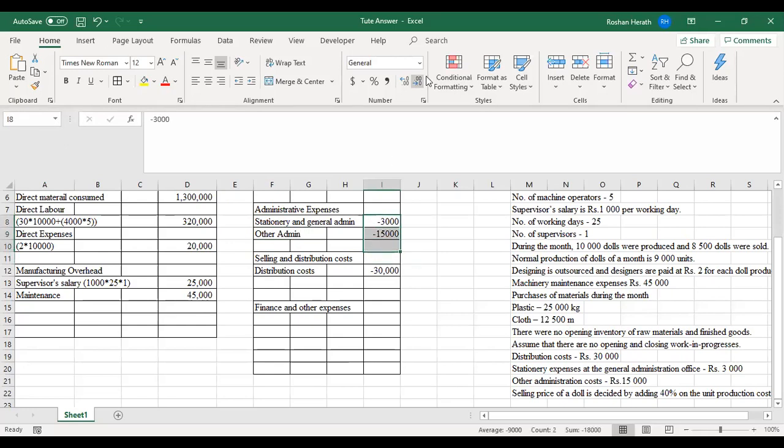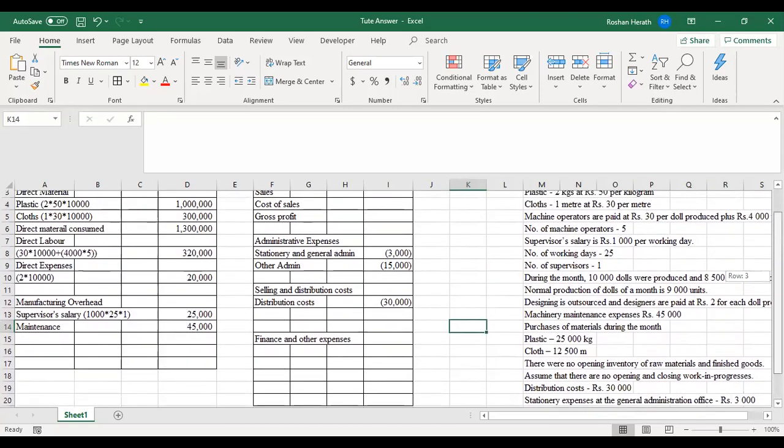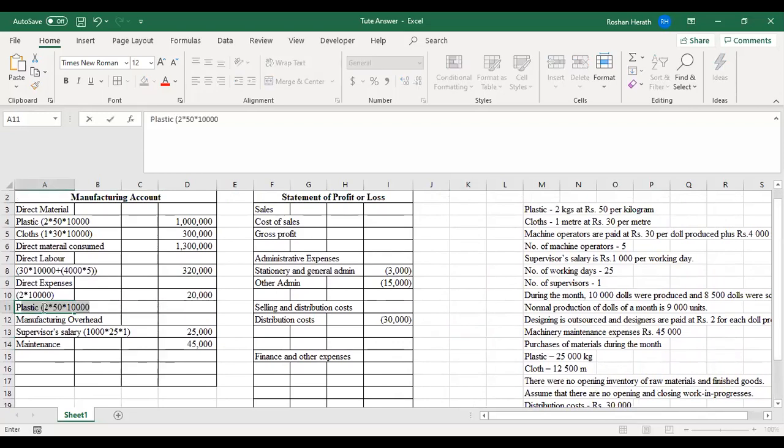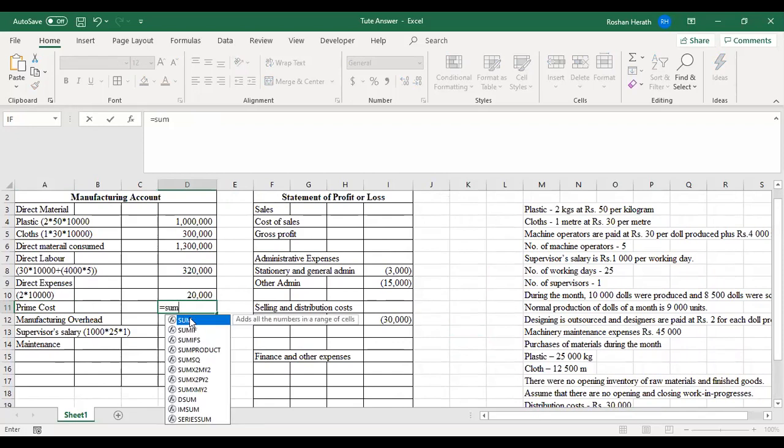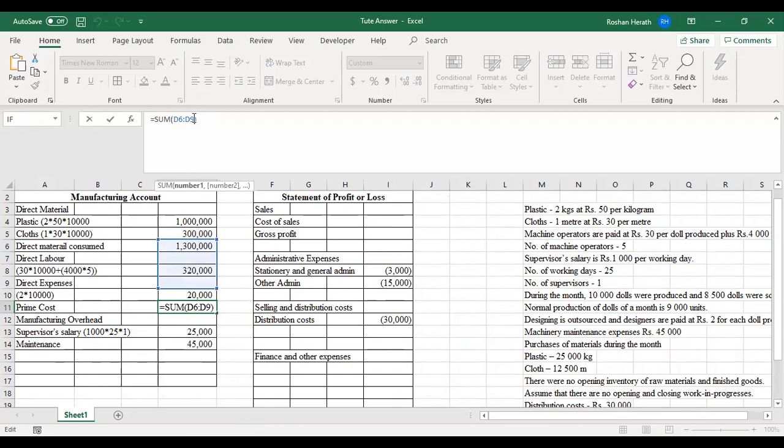But you took those costs as well. So we took 15,000, 3,000 and 30,000. So what else? Yes, that's all there is. Now we can work out the prime cost. It is simply the summation of the direct material consumed, the labor, and the direct expense, so it's going to be 1.64 million or so.